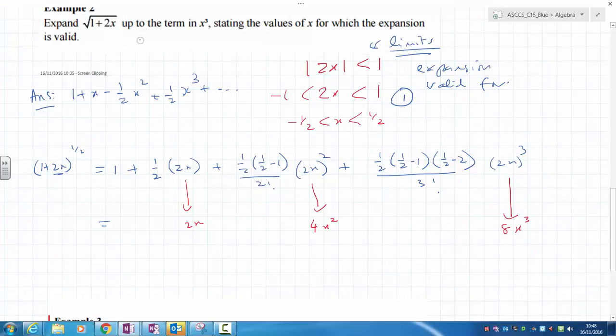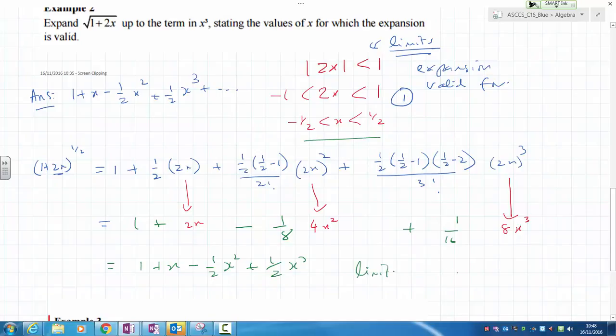And so the corresponding coefficients, you should get 1 over 16 and 1 over 8, and that will just be 1. And then if you tidy that up, that will give you 1 plus x minus a half x squared plus a half x cubed. We've already established the limits, and let me just put that in. So this is valid for when x is between minus a half and a half.